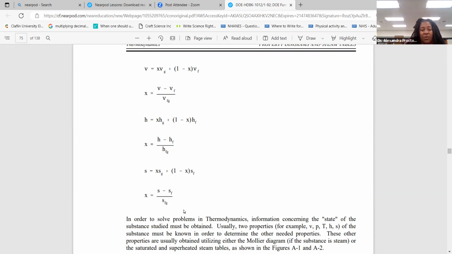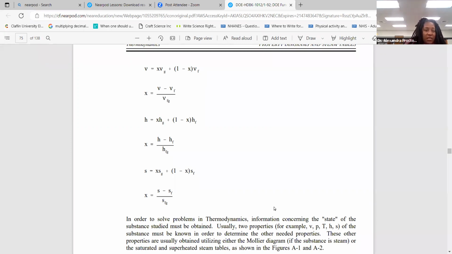And the equation for quality when you start talking about entropy looks exactly the same as well. S is equal to X S sub G plus 1 minus X times S sub F. Get X by itself, that's S minus S sub F divided by S sub FG.